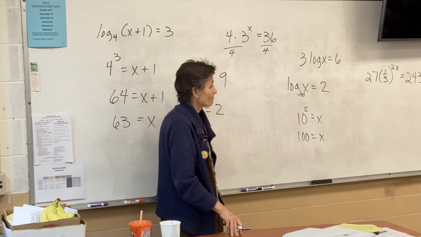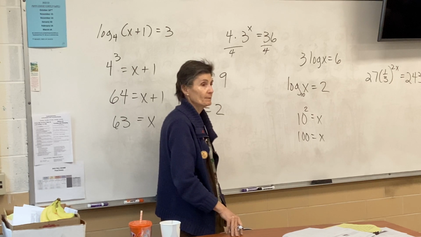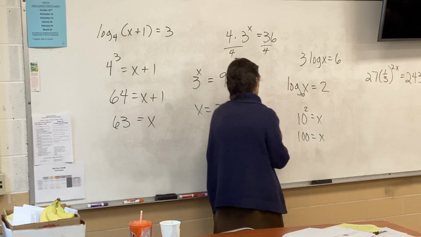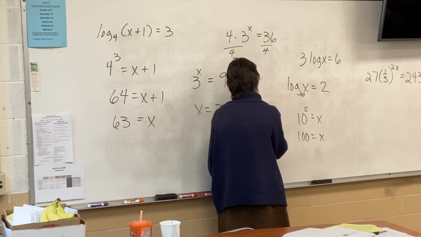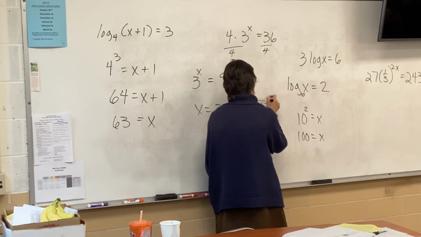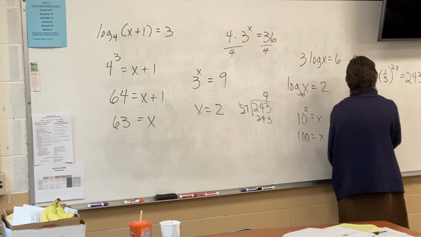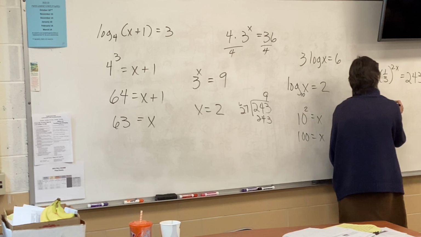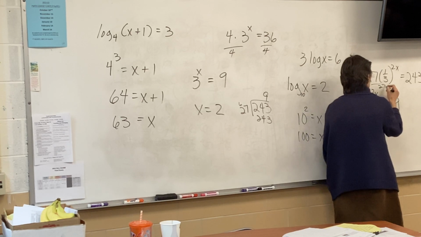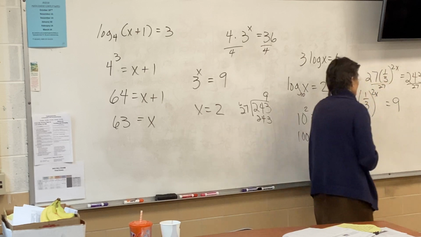This one looks hard. What's the first thing that has to happen? We gotta divide by 27, so 243 divided by 27. Looks like that might be 9. It is, it's 9. So 1/3 to the 2x equals 9. I divided both sides by 27.